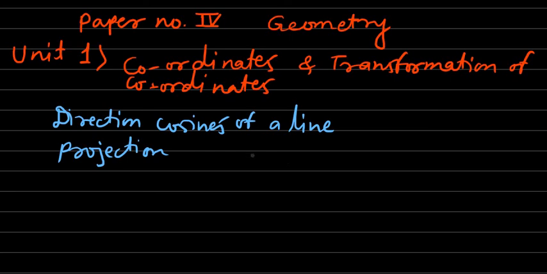Then also projection of the join of two lines on another line, and obviously the angle between two lines. These are the articles from coordinates.